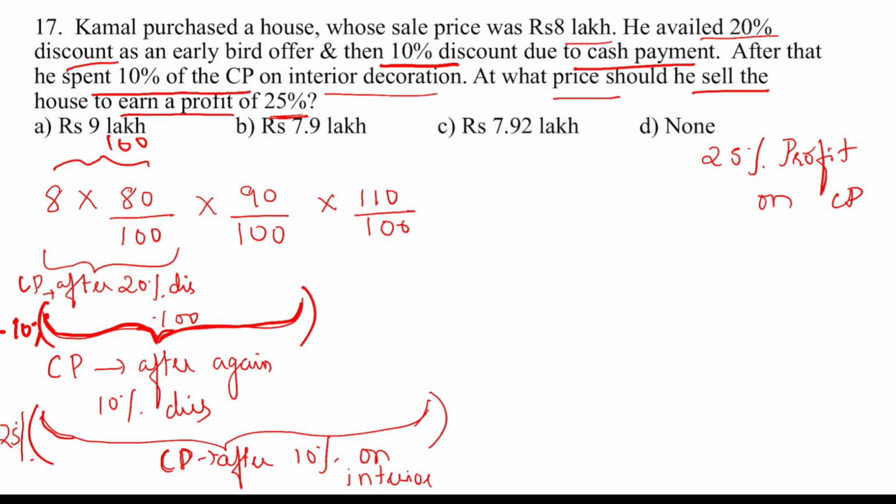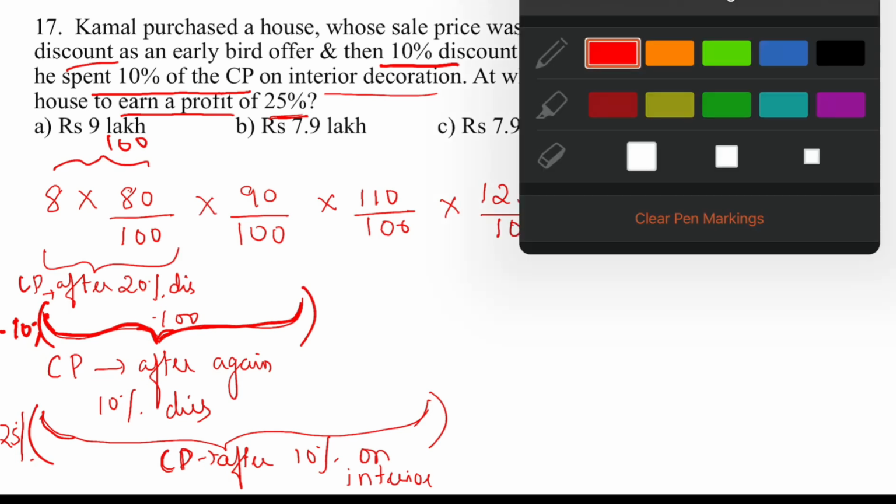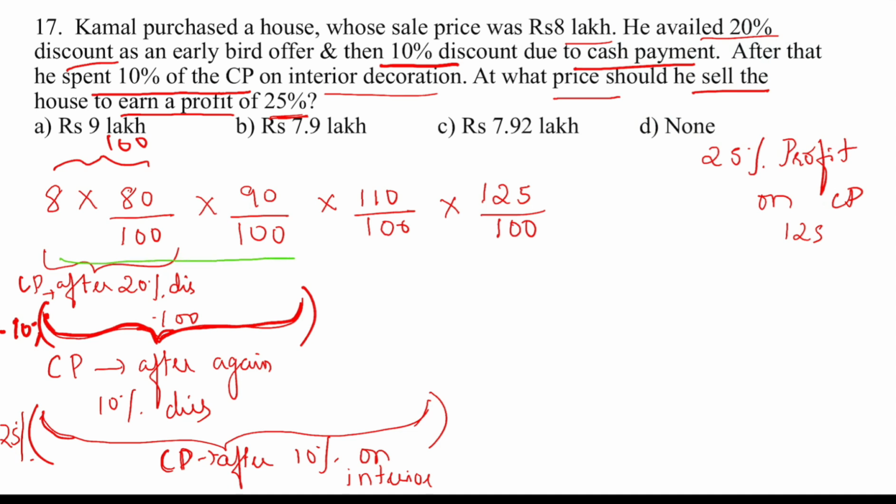So 125 to make profit, isn't it? So 125 by 100. When we solve all this, we will get the amount for which he should sell.